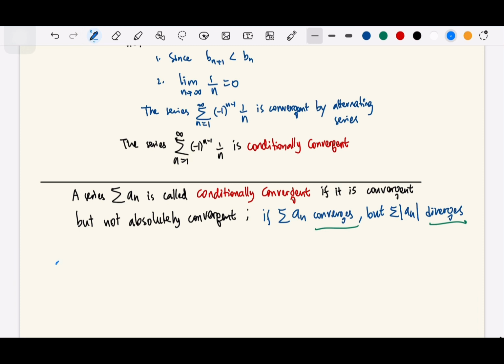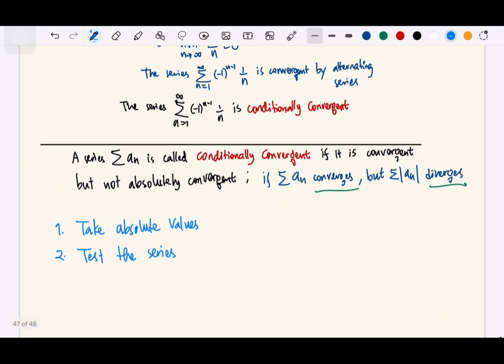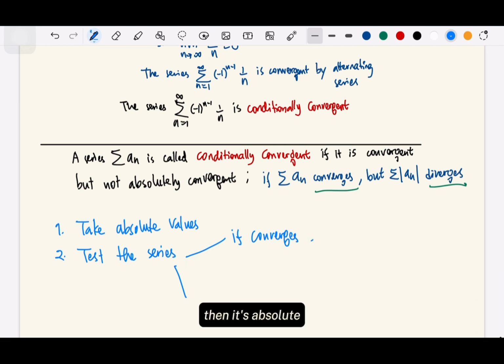First, take absolute values. Test the series. If it converges, then it's absolutely convergent. If it diverges, you have two possibilities.